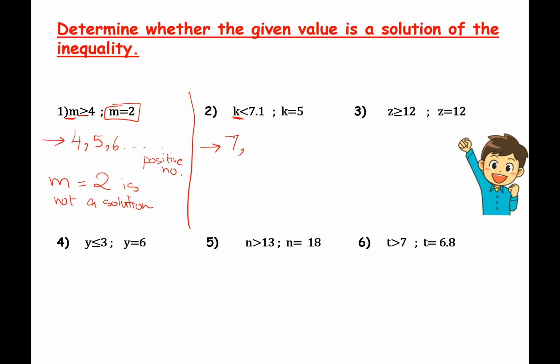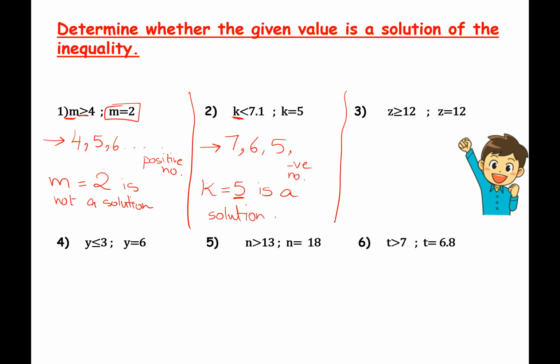So it can be 7, 6.9, 6.8, 6.5, any decimal number that is less than 7.1. So 7, 6, 5, any negative number as well. So k equals 5 is a possible solution, or the number 5 is a possible solution for the variable k. So it is a solution.